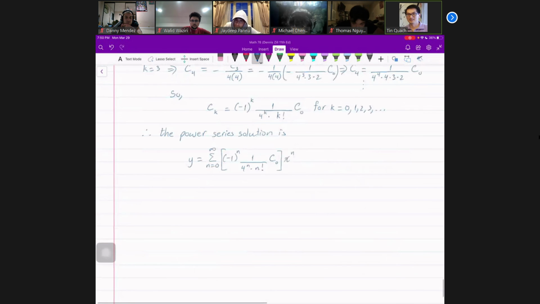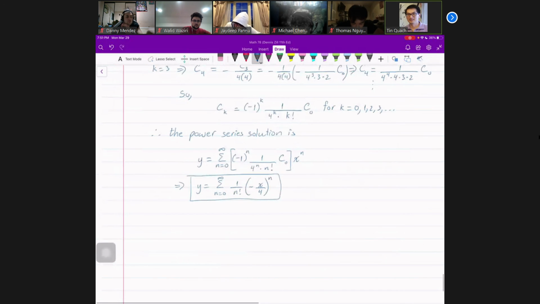Or you can simplify everything here, so it looks like this: 1 over n factorial, negative x over 4, to the nth power.